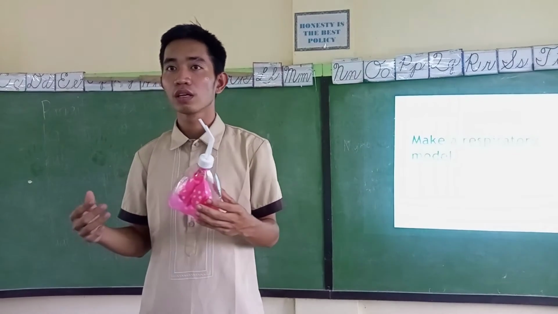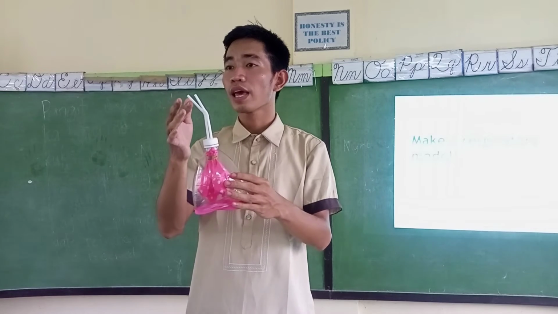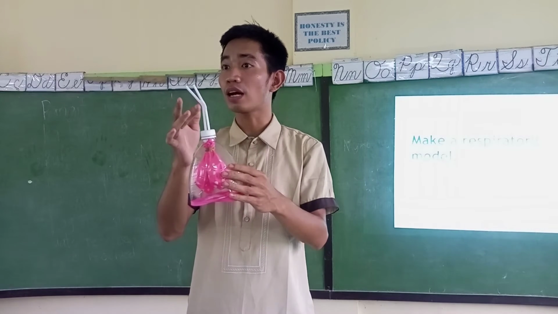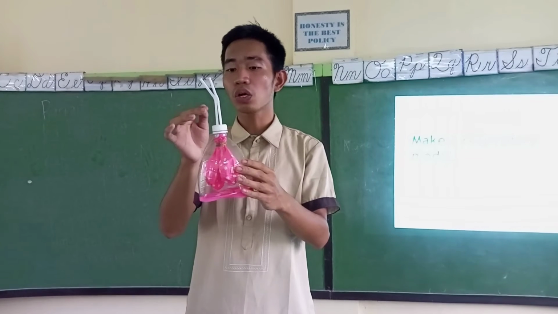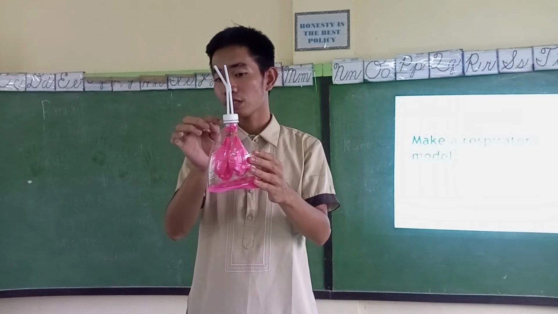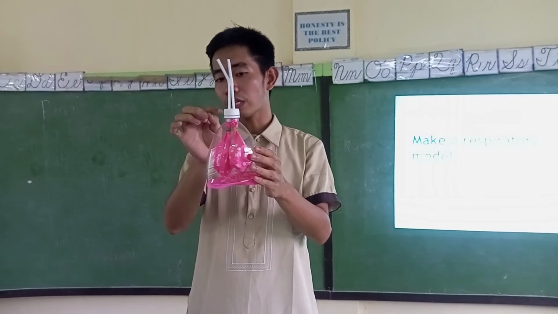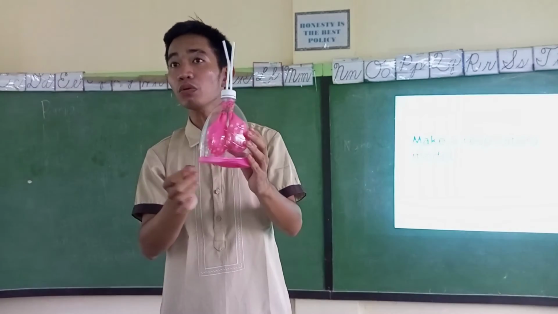Students, when air enters the nose, it goes to your pharynx and larynx, your throat, and then into your bronchi, the straw inside the bottle, and then to your bronchioles inside the balloons.